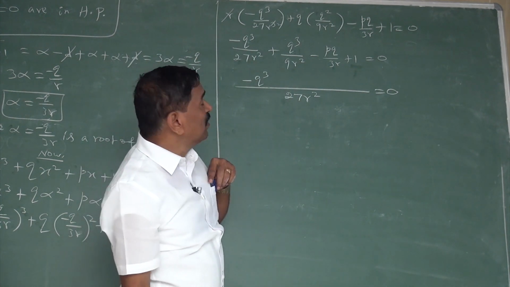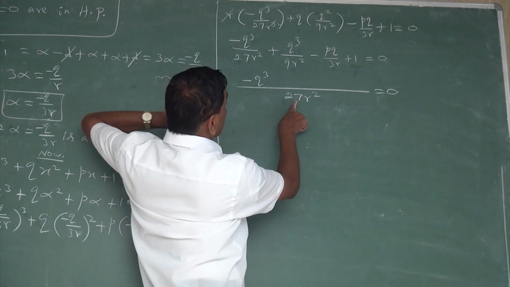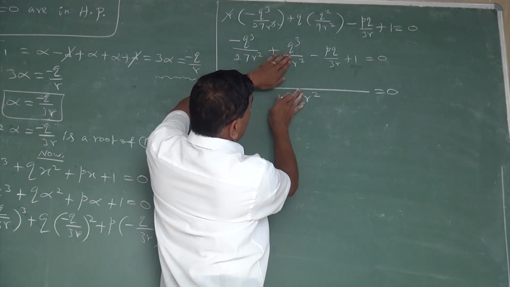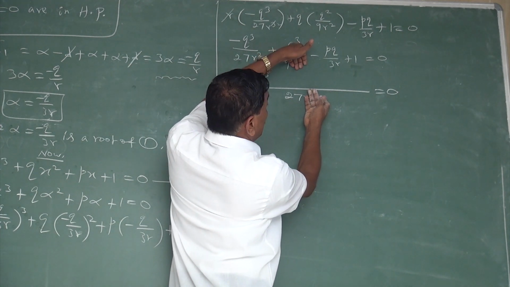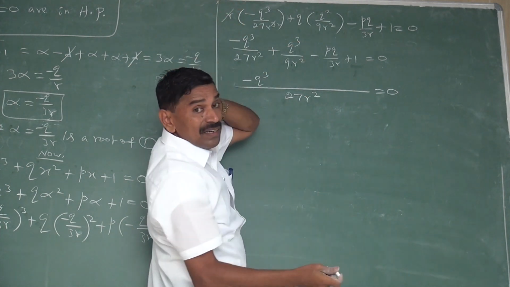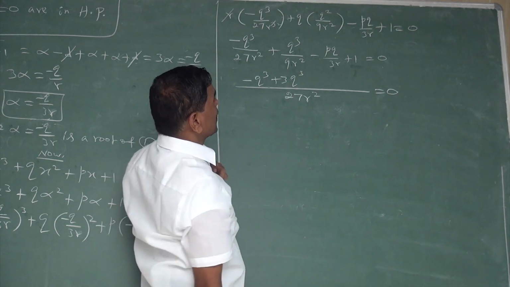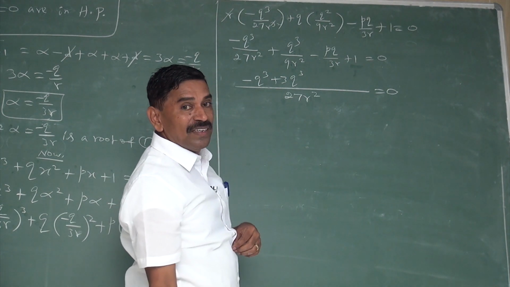Next, 27 r square, here 9 r square. 1 9 is 9, 3 9s are 27. Here 3 is there. R square fully cancels. So plus 3 q cube. Yes, your answer is correct. Next, how to simplify?